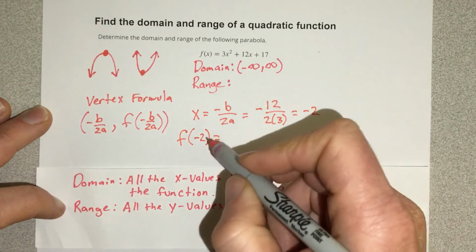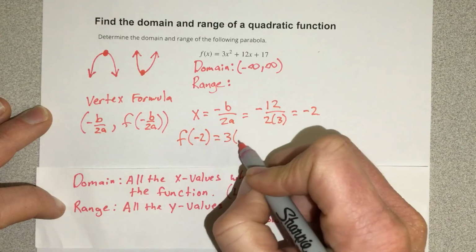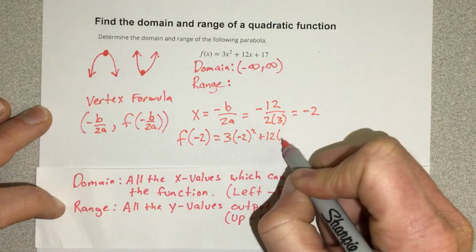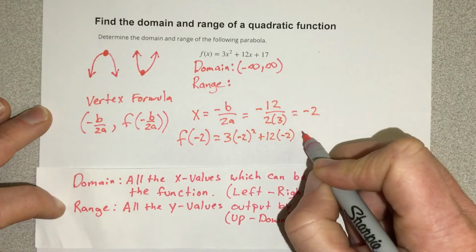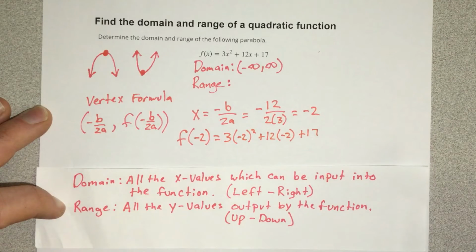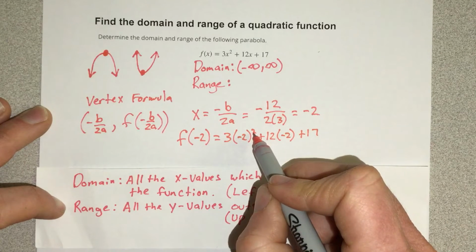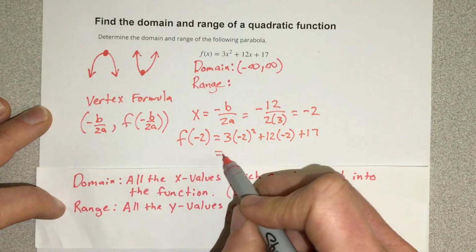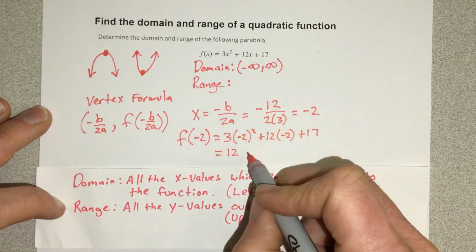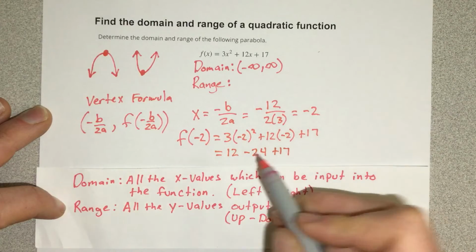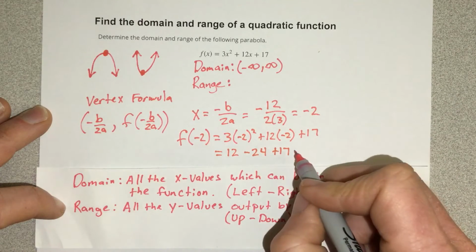When we plug in negative 2, we get 3 times negative 2 squared plus 12 times negative 2 plus 17. This will give you negative 2 squared is 4, times 3 is 12, minus 24 plus 17. So that's 29 minus 24, which is 5.